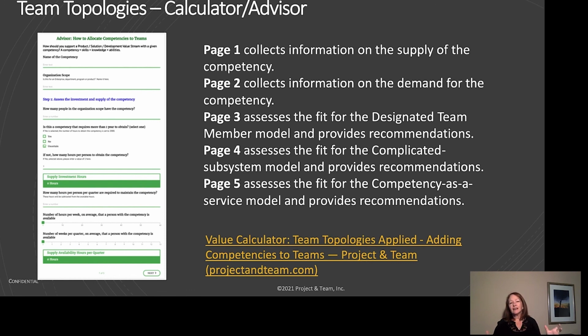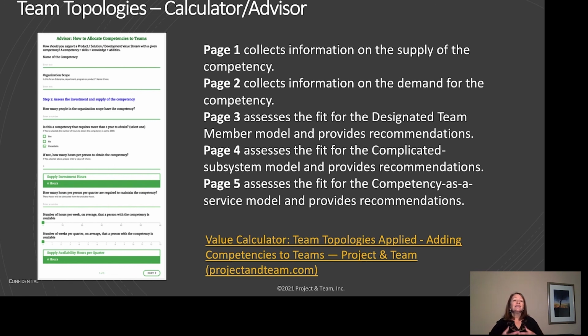Now, I have a lot of value calculators, and there's a link there at the bottom of this page. Something as simple as what is the impact on the organization of the cost of context switching. So when we see calculators, when we see numbers, sometimes we go to, wow, it needs to be very precise, very deterministic.